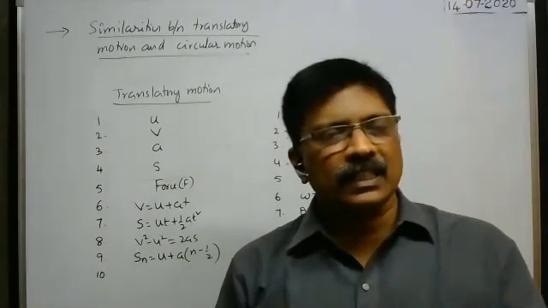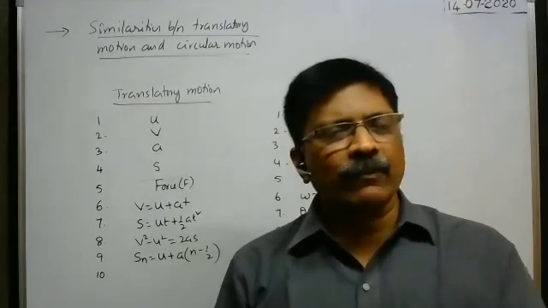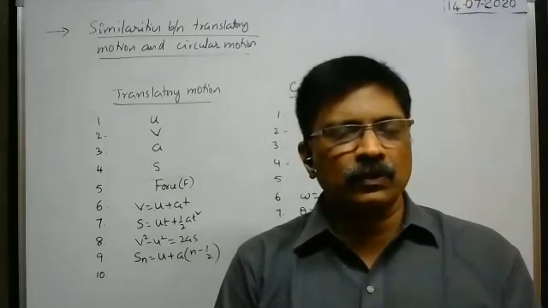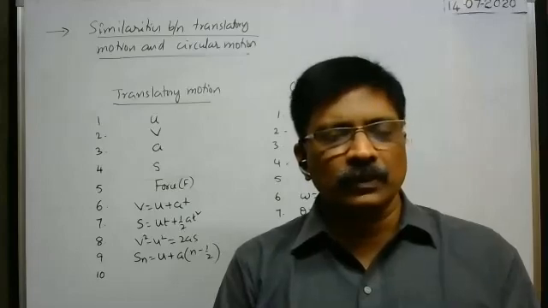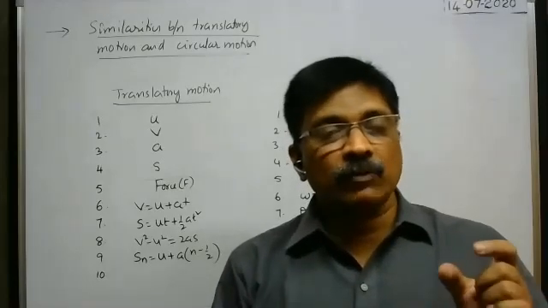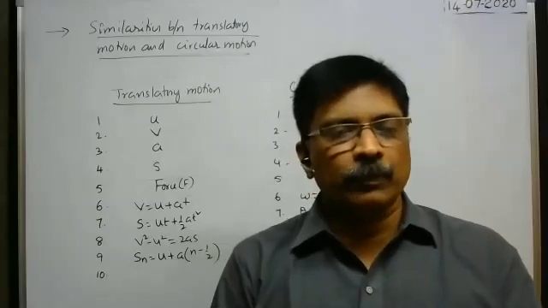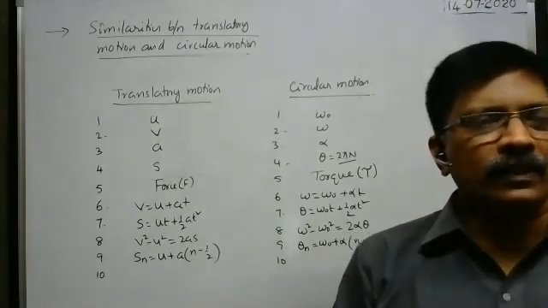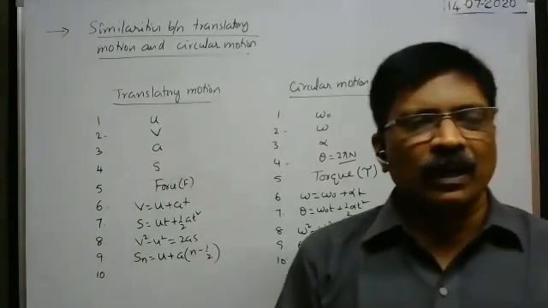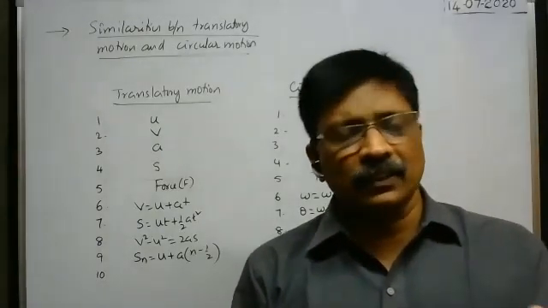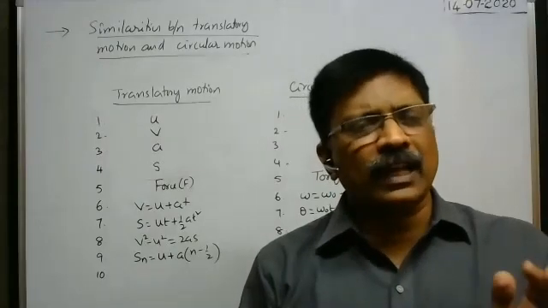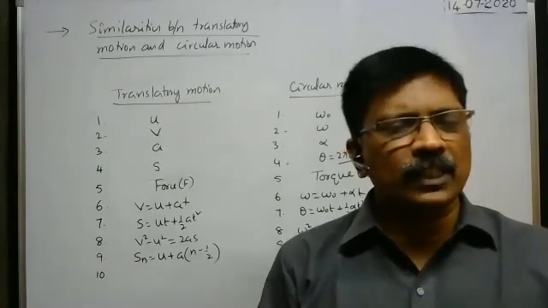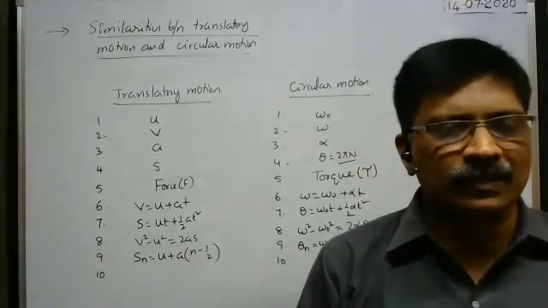After time t seconds, if it acquires the velocity v, what is the average velocity of the body? v plus u by 2. That is the answer.